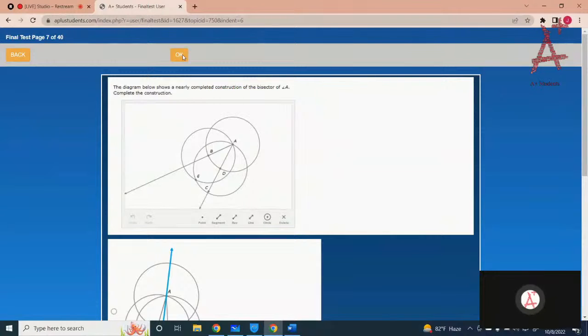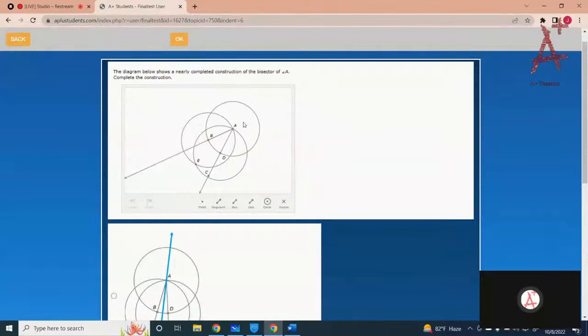Okay, the next one is: the diagram below shows a nearly completed construction of angle A. Complete the construction. You just have to join the point E. Got it?